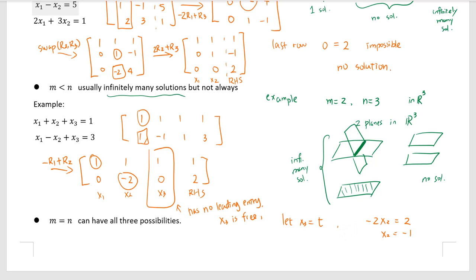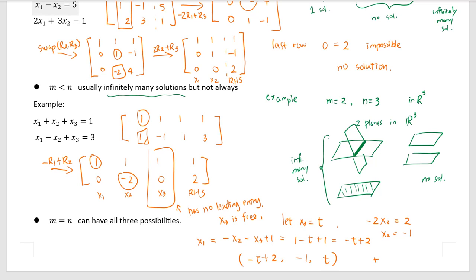And then from the first row we get x1 equals minus x2 minus x3 plus 1. x2 is minus 1, so minus x2 is 1, and x3 is t, plus 1. So we get minus t plus 2. So the solution: x1 is minus t plus 2, x2 is minus 1, x3 is t.